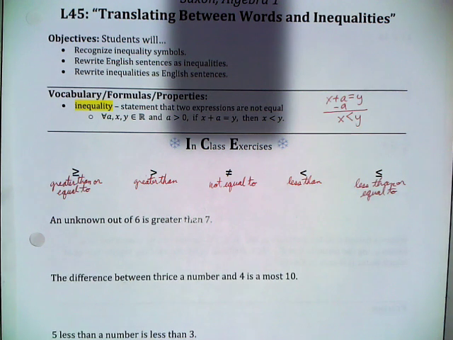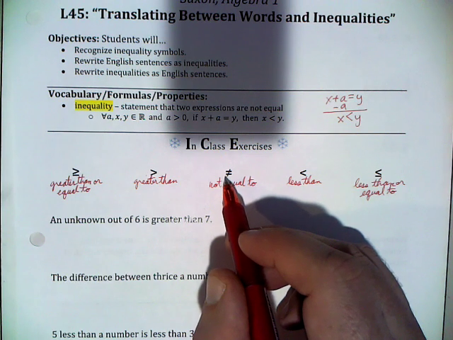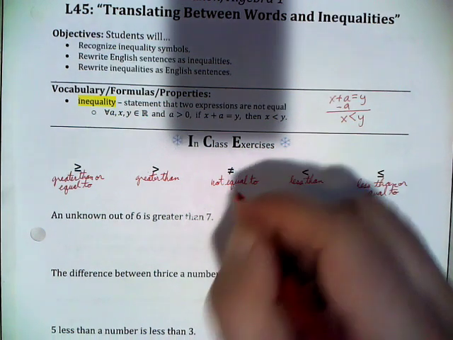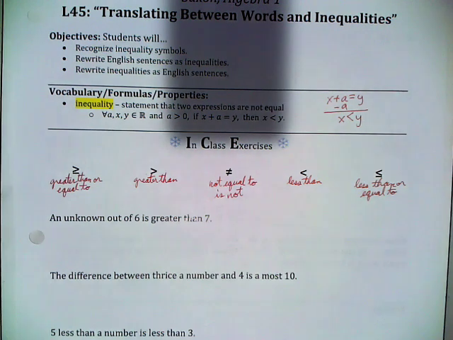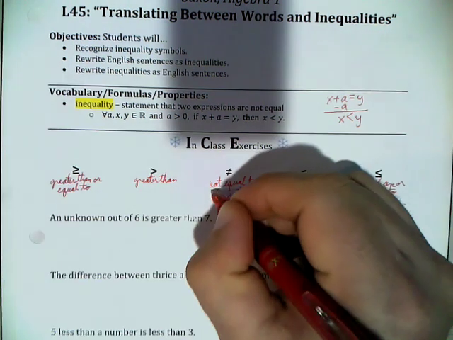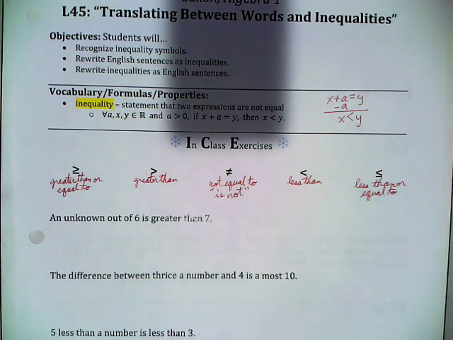So when it comes to translating between words and inequalities, there are a few things that we need to realize. One thing is that often we use the word "is" to mean equals. So therefore, we're going to say "is not" sometimes to mean "not equal." Let's put that in quotes. So if you see "is not," that's saying that these two things are not equal.